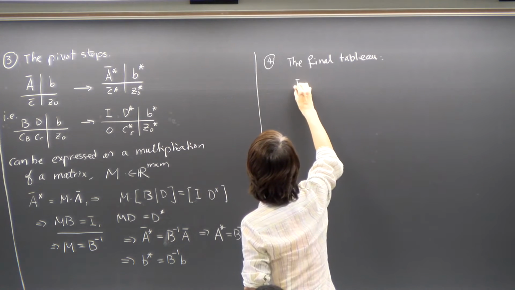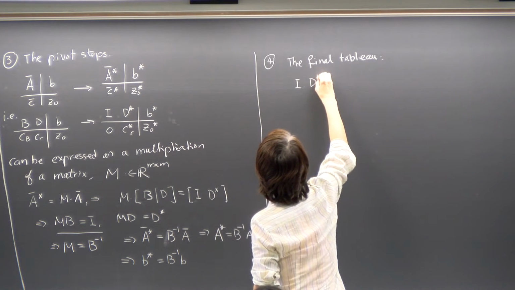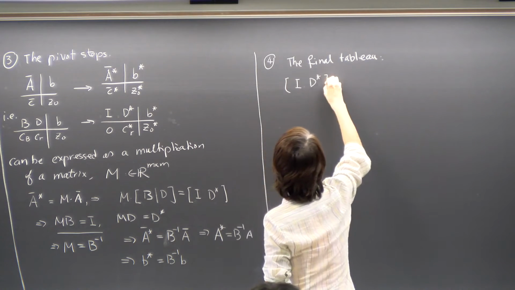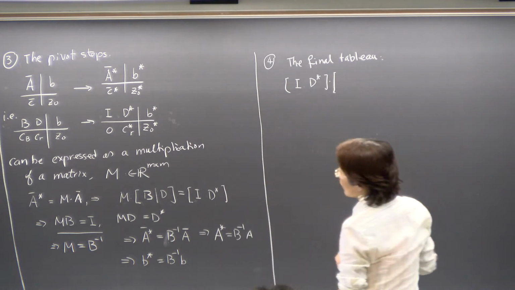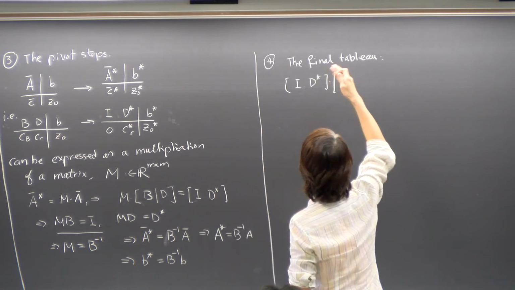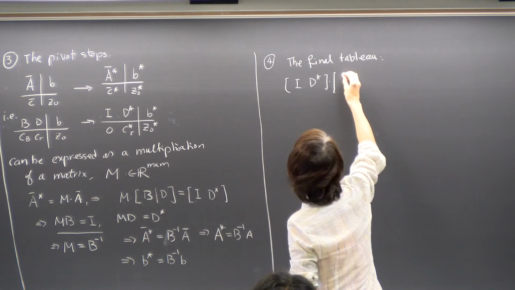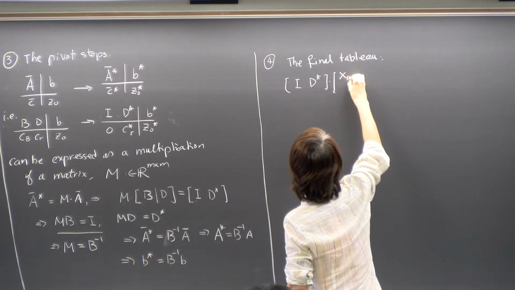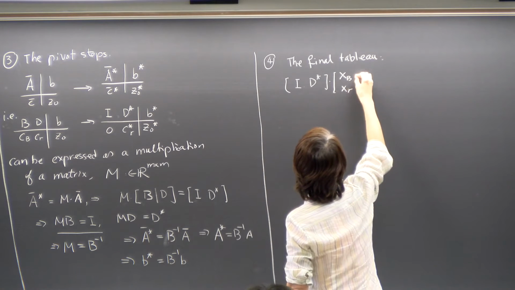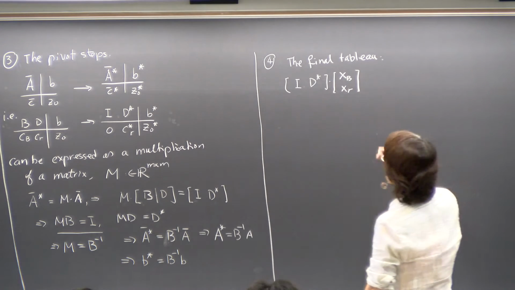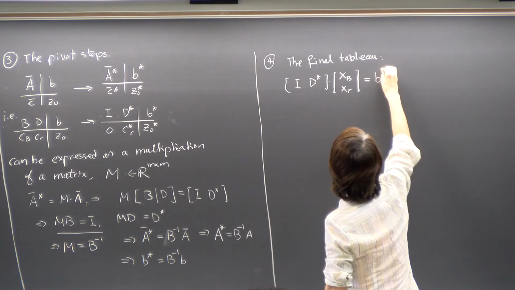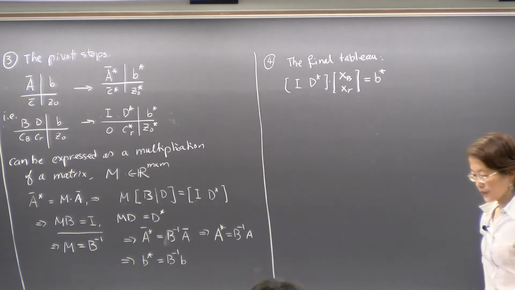It basically says I and D star multiplied by the unknown x, which now is mixed. So I will have the basic variables and the rest, right? They're ordered in this way, and that equals B star.